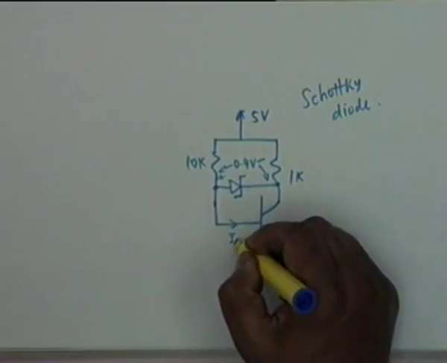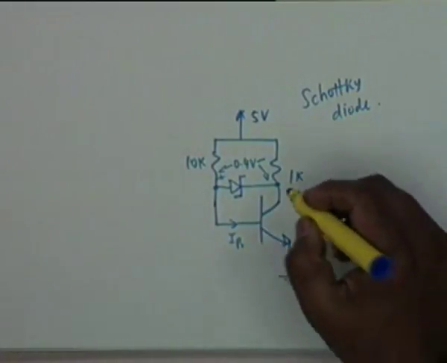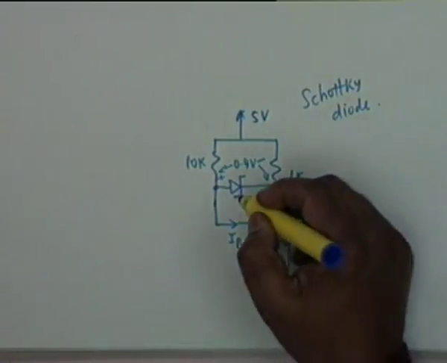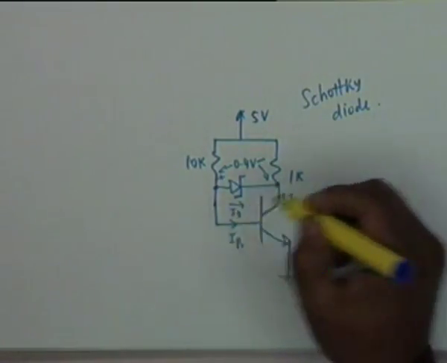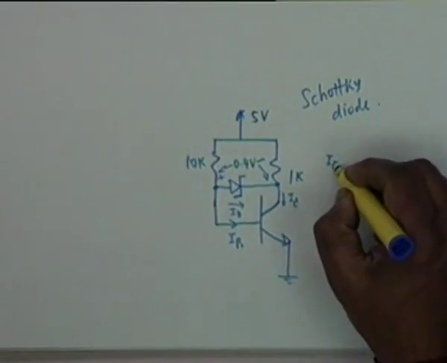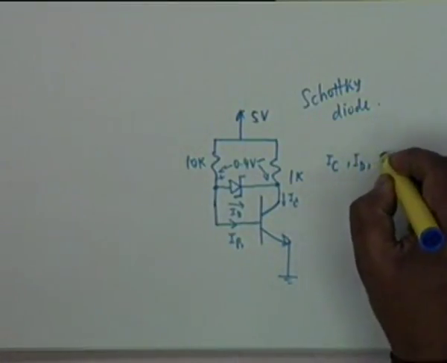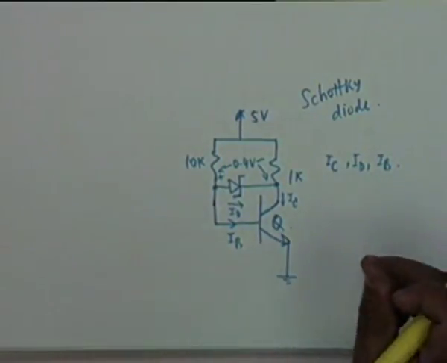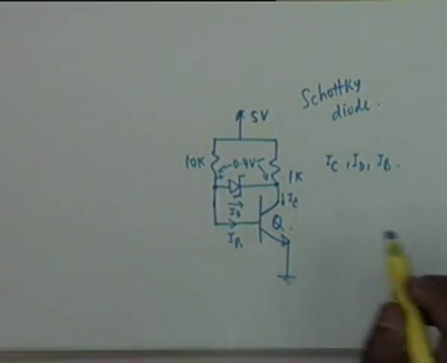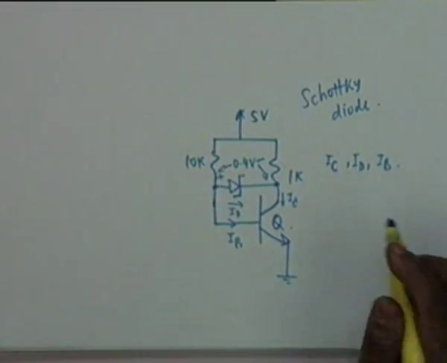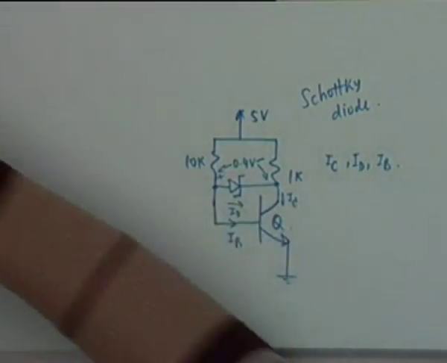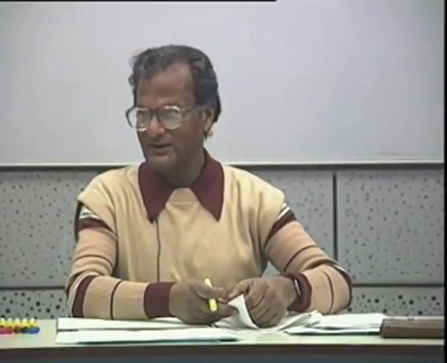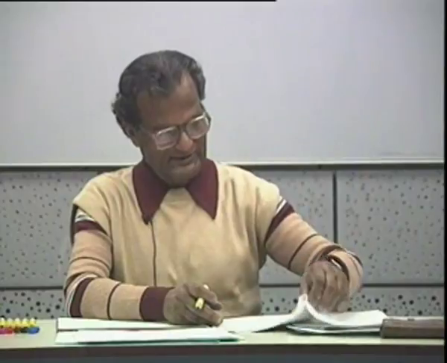This is I sub B, this is I sub C, and this is I sub D. You are required to calculate IC, ID, and IB, and you are also required to answer whether Q is active or saturated.